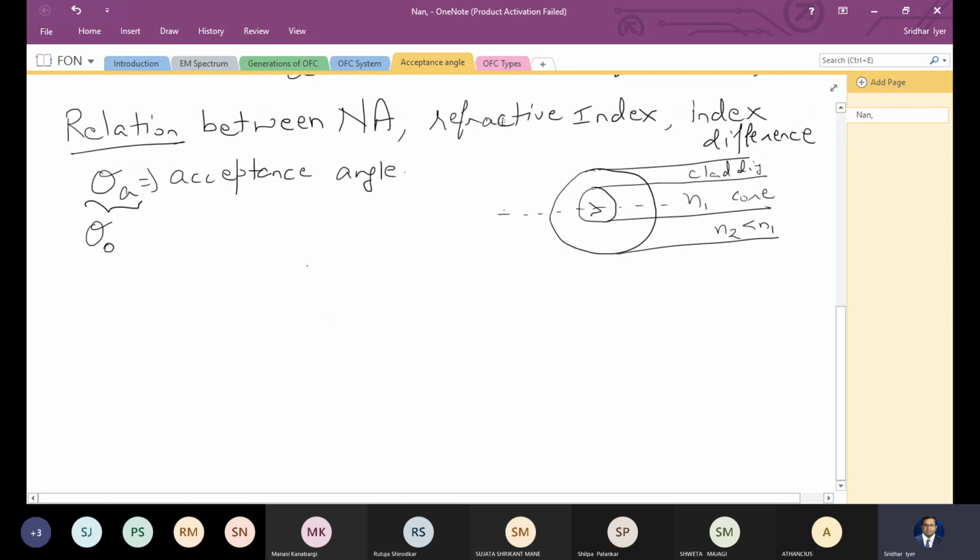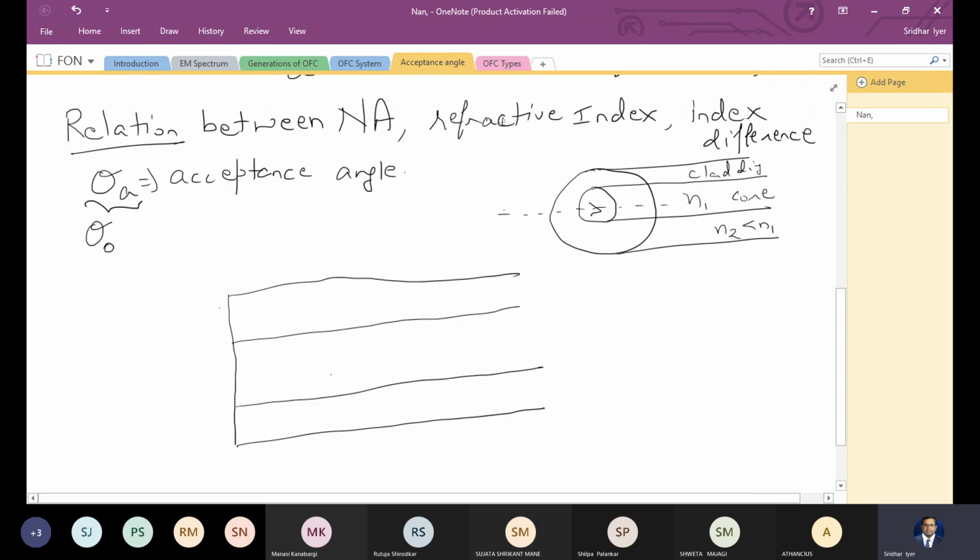Now let's draw the diagram which will help us in deriving the acceptance angle. Instead of drawing the diagram in the form of the optical fiber, I am going to draw it in the form of a boundary between two media. This is the cladding, which has a refractive index n2. This is the core, which is n1.